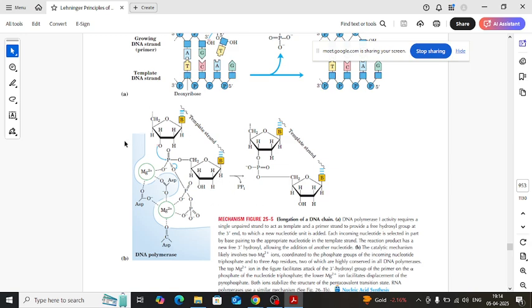So this is the incoming dNTP, right? That will be incorporated, so it will make a phosphodiester bond with the previous dNTP here, right?